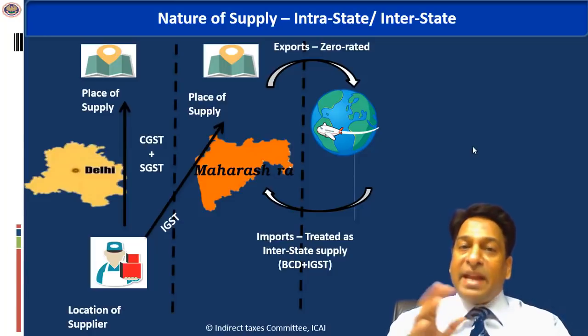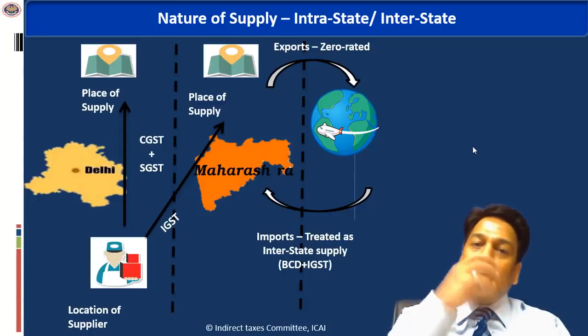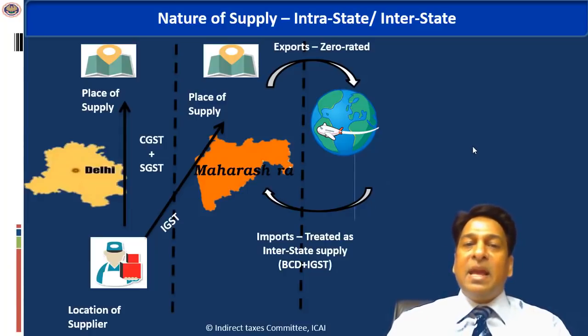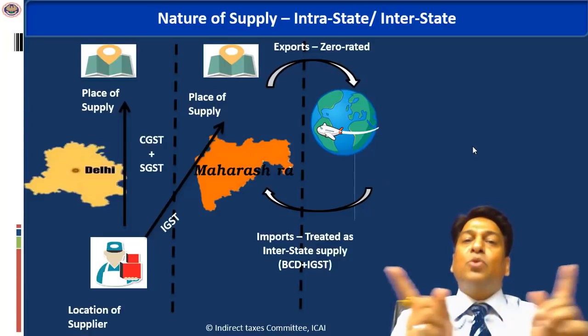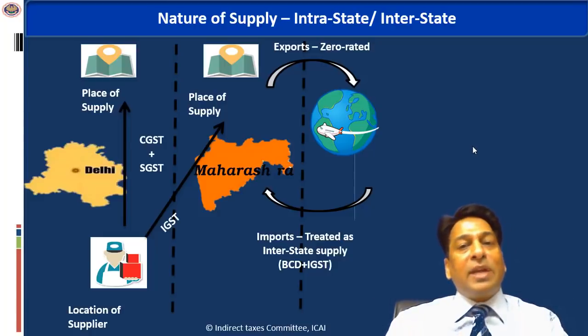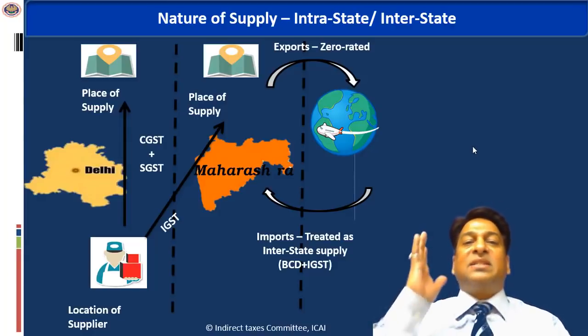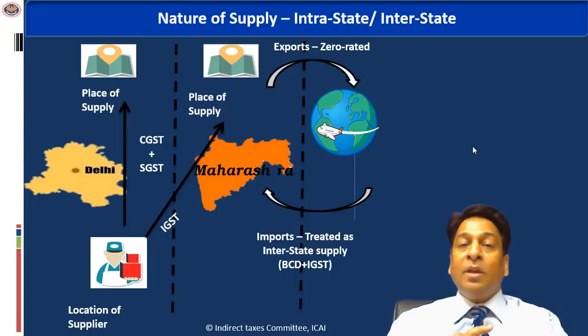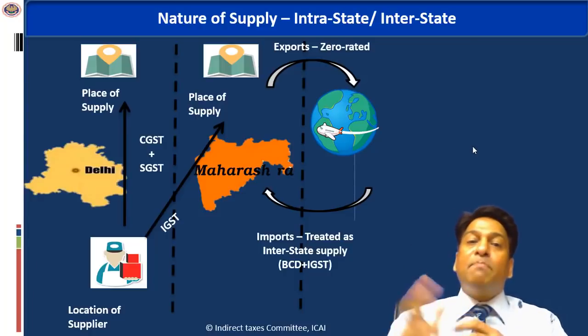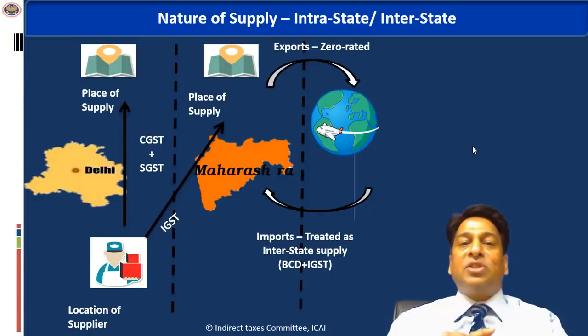In case of interstate, if the location of supplier is, let's say, in Delhi, and the place of supply is, let's say, Maharashtra, in two different states, the transaction is termed as interstate and IGST is leviable. When we export or import, these transactions are called interstate.